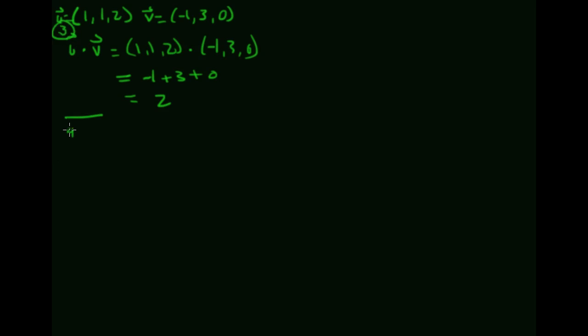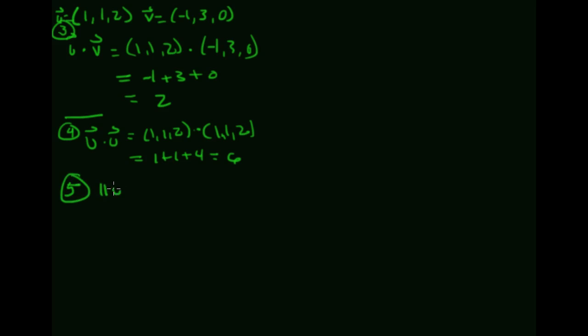Problem 4 is u dot u, which is 1, 1, 2 dot 1, 1, 2. So that's going to be 1 plus 1 plus 4, which is 6. Problem 5 asks what is the magnitude of u squared, which is the same as u dot u, which is 6.